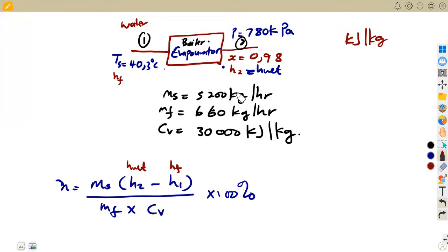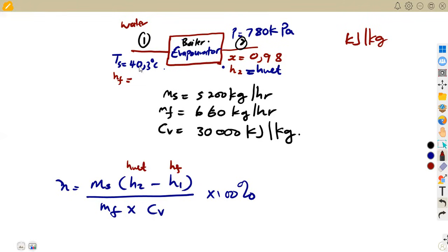considering our dryness fraction of 0.98. For HF here it is direct, we're just going to use our steam table because we've got the temperature. Remember last time I said if there is pressure, sometimes they give you pressure, you use the pressure at the inlet.